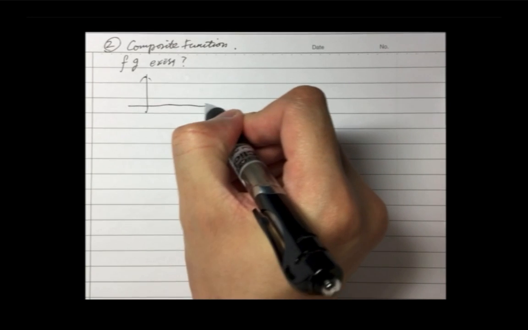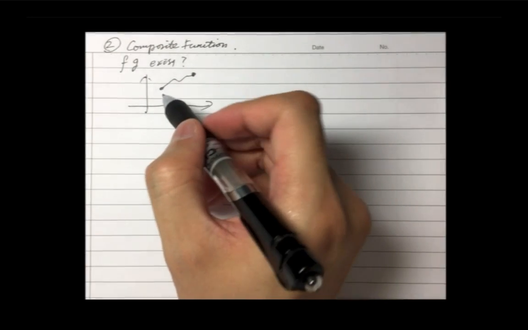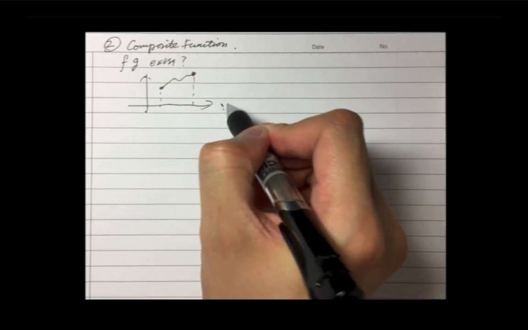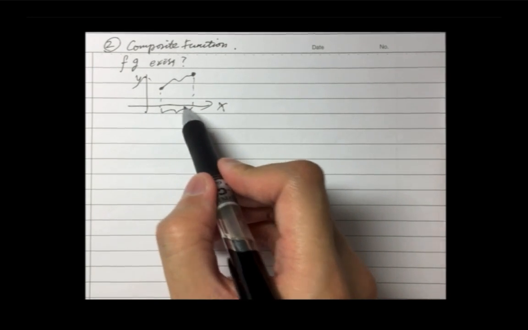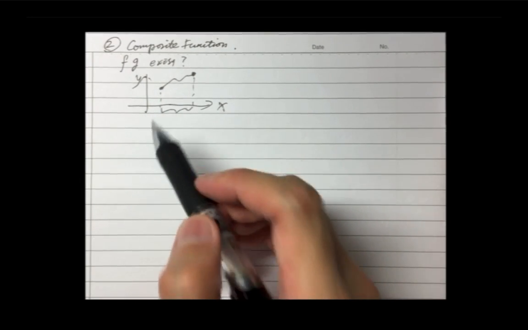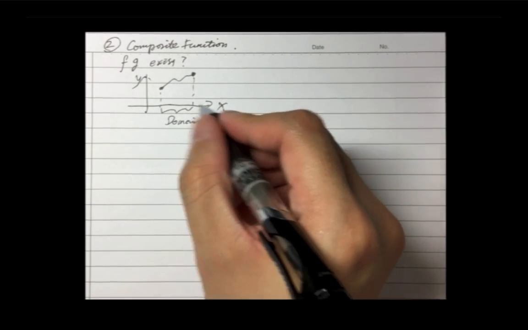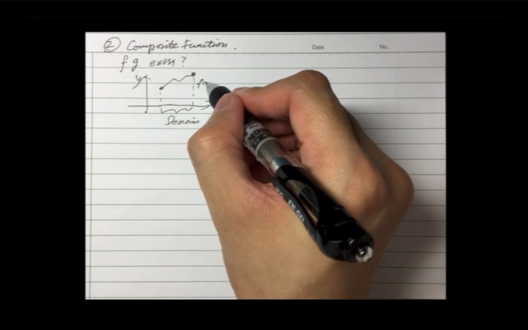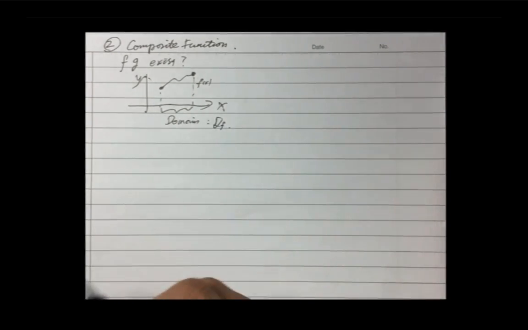We know that a function has a range and a domain, right? Let's say this function is over here. So its domain is this, its independent variables range. Let's say this is f(x), so its domain we note as Df.